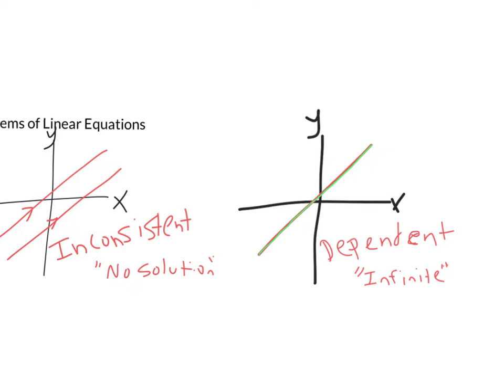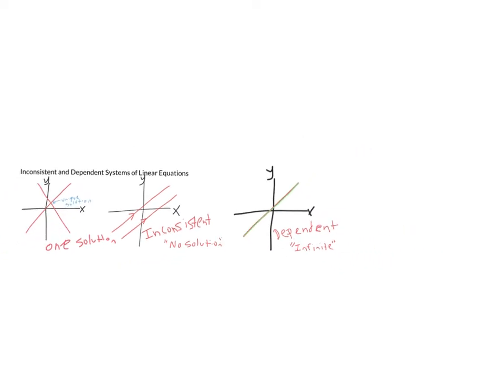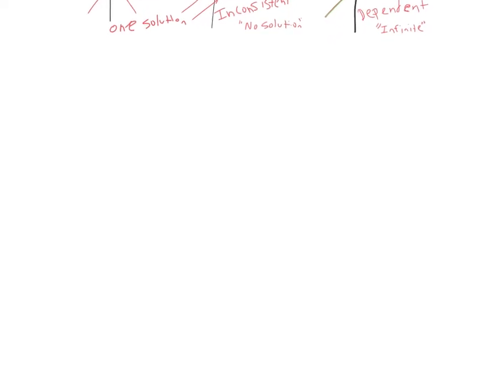So now that we know what these graphs look like, let's take a look at how algebraically we can solve these and determine how many solutions there are to a system of equations. I'm just going to write out an equation. So far, a lot of the equations we've looked at have worked out this way. Let's say x plus y is equal to 6, and 2x plus y is equal to 8.